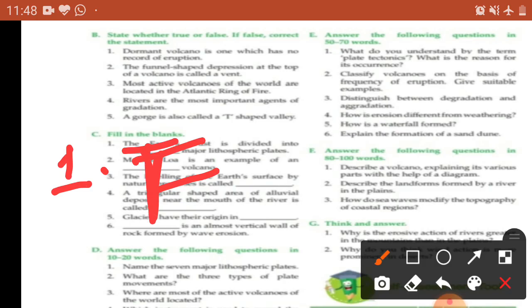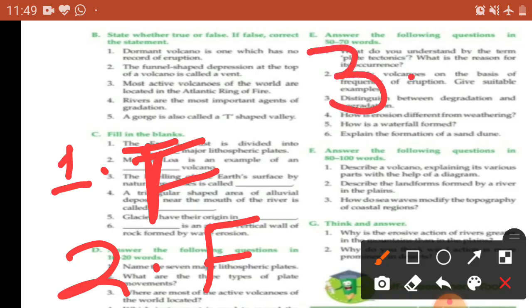Second, the funnel-shaped depression at the top of a volcano is called a vent, and this will also be false. Third, most active volcanoes of the world are located in the Atlantic Ring of Fire, and this is also false.